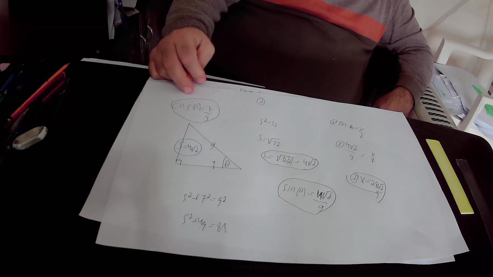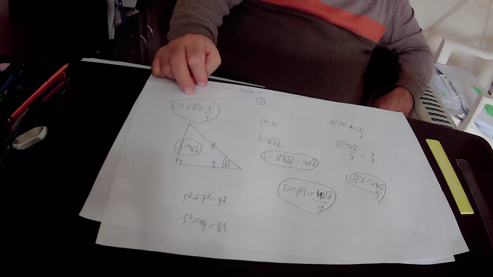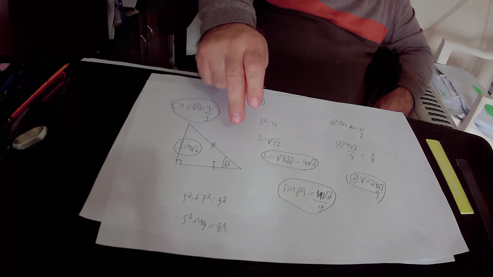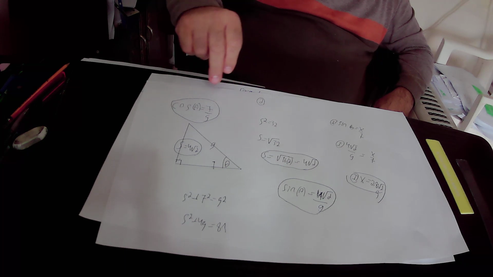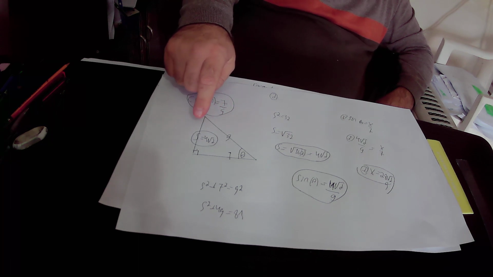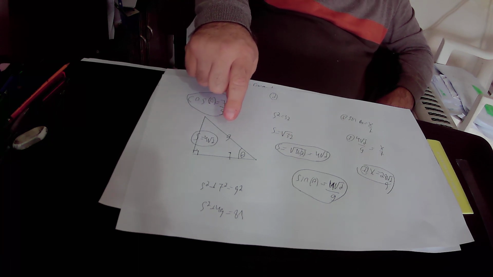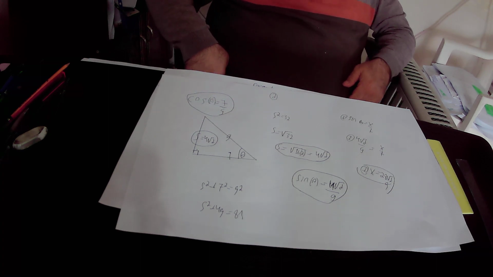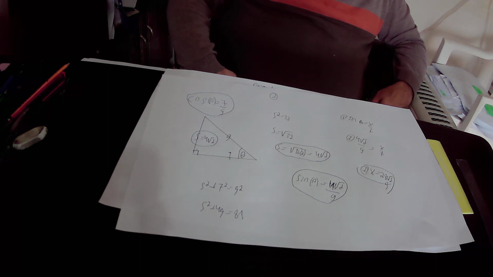What does it mean that cosine theta equals 7 over 9? It means that we have a right triangle with hypotenuse 9 and the side that is near angle theta is 7 units. So here we can apply the Pythagorean theorem. That means that s squared plus 7 squared equals 9 squared. 7 squared is 49. 9 squared is 81.